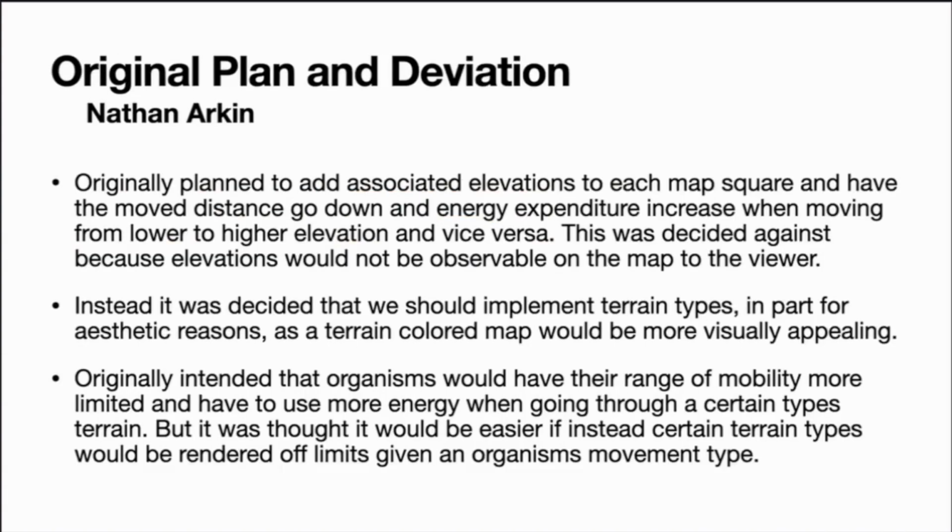The original idea was that there would be elevation, that each square on the map would have an elevation associated with it, and if an organism was moving to a higher or lower elevation, it would increase the energy expenditure over that space, as well as make the organism move a smaller distance, also based on the magnitude of the elevation difference.